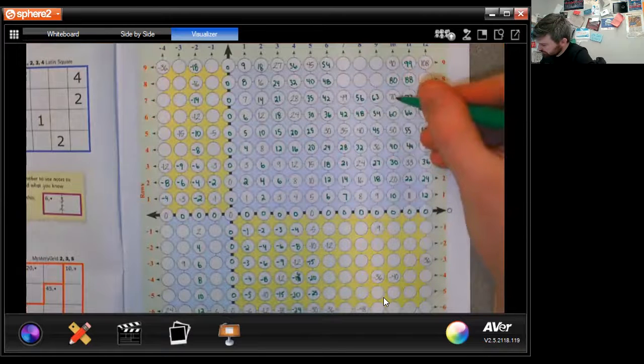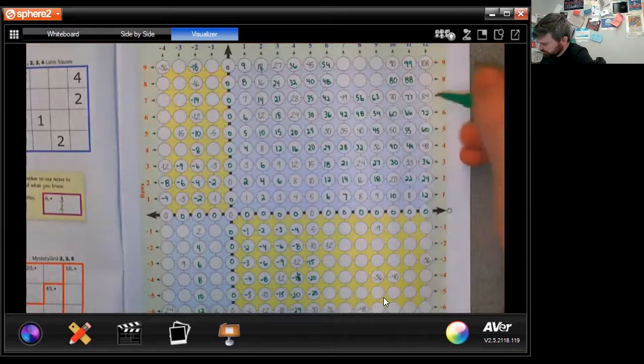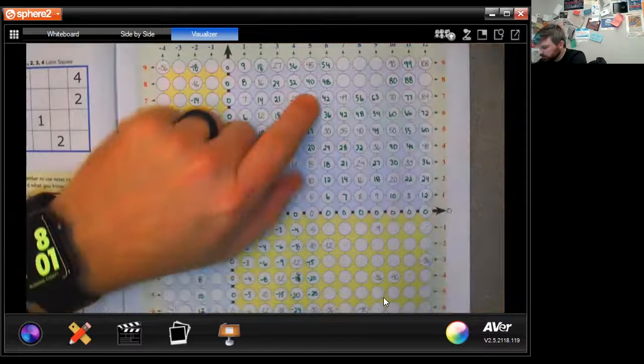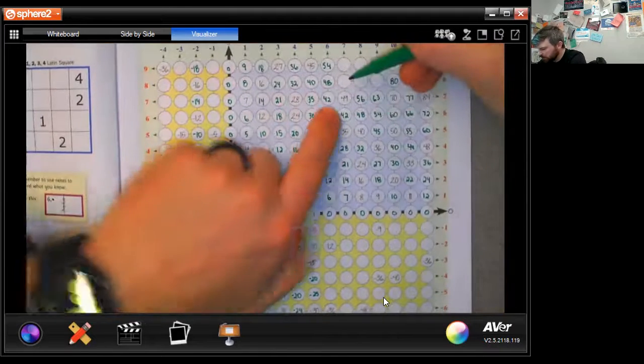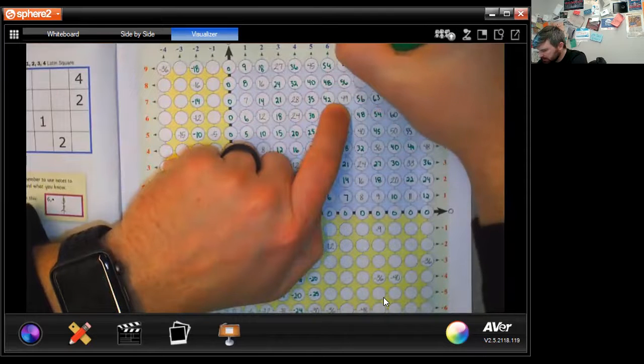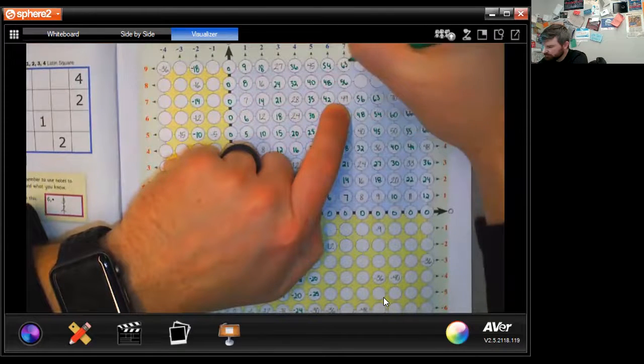And then 70, 77, 84. If we go by 8s, or you can go by 7s here, we hit 49, then 56, and 63.